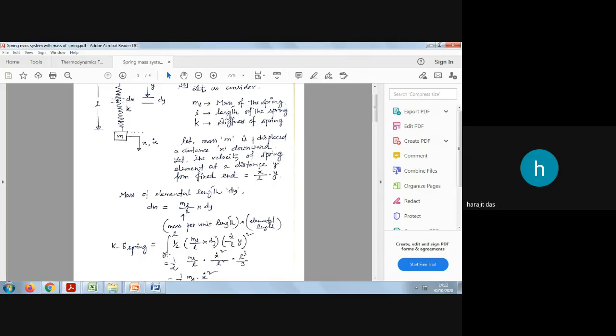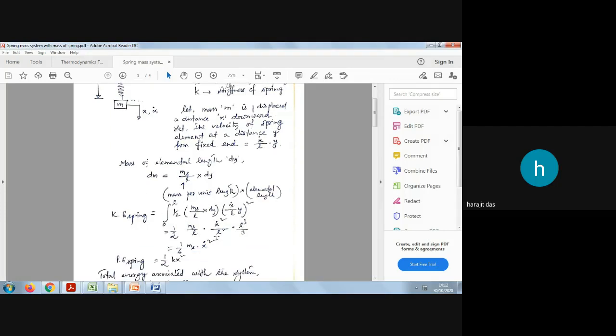The elemental mass is ms upon L into dy, and the velocity is x dot upon L into y. This is the elemental kinetic energy. If you integrate from 0 to L, you will get the total kinetic energy of the spring.